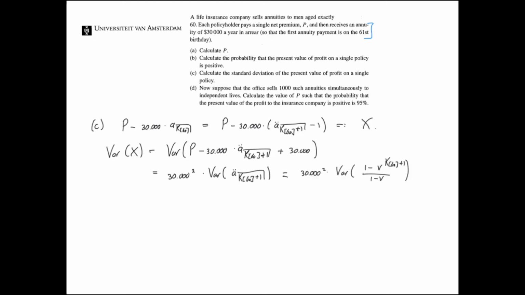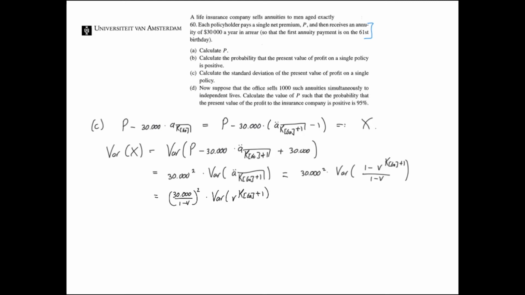And similar to before, we can take the variance of 1 minus v^{K60+1}, but we know that the variance of 1 will simply be 0, and we can take out the 1 minus v in the denominator. So this gives us 30,000 squared over (1 minus v) squared times the variance of v to the power K60 plus 1.